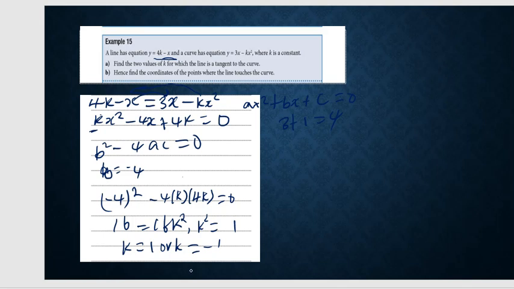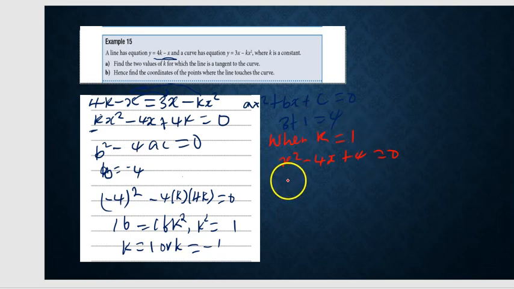B, we can now substitute, because hence find the coordinate of the point where the line touches the curve. So let's take a different color. This implies that when k is equal to 1, x squared minus 4x plus 4 is equal to 0. Is that correct?